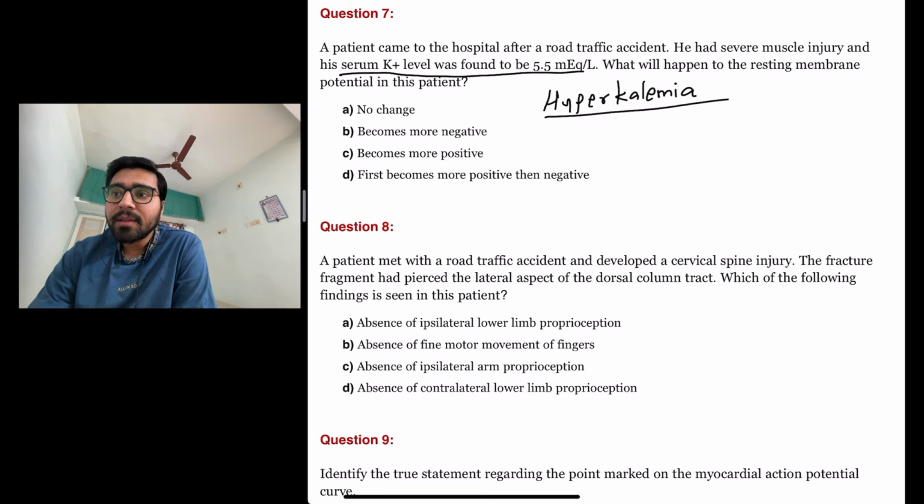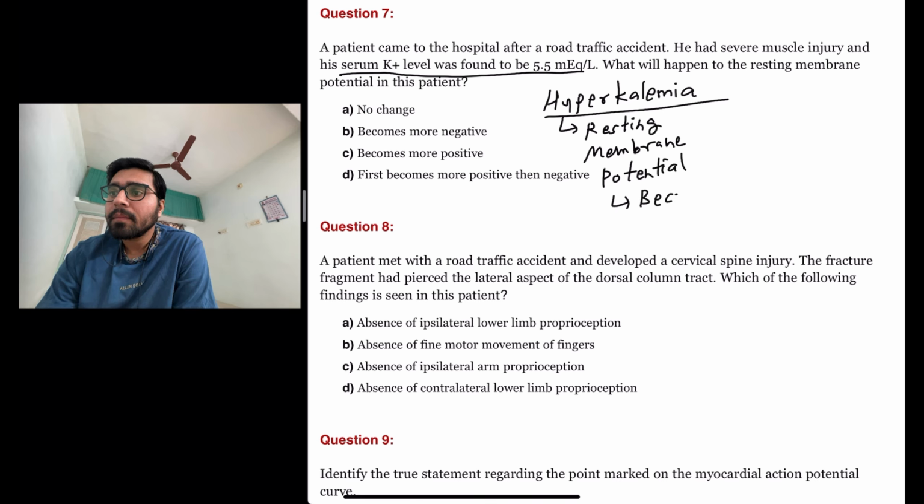It would result in the resting membrane potential becoming more positive. In hyperkalemia, extracellular level of potassium is increased. Thus, resting membrane potential moves closer to the threshold to elicit an action potential, leading to a more excitable nerve. This means the resting membrane potential has become more positive. Okay? So the answer here is option C.